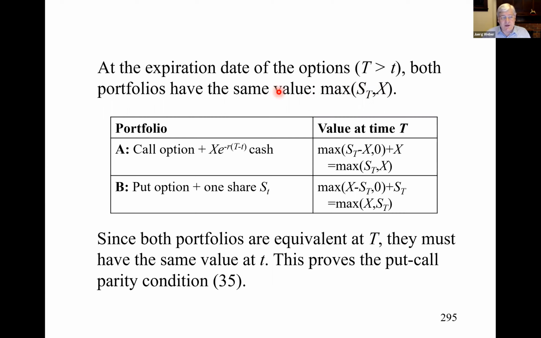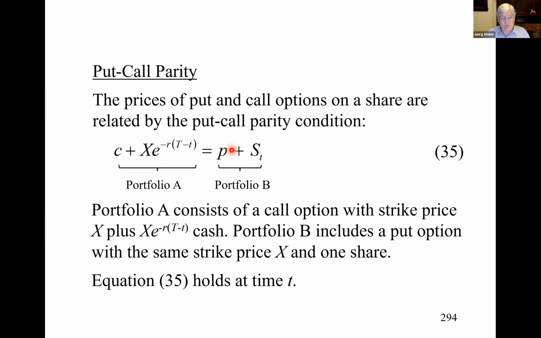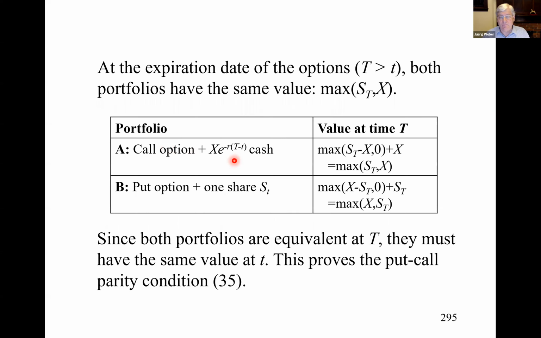This we can quite easily show here. So portfolio A is a call option plus the cash discounted. And at time big T, the call option will be this here. You see, that's again the boundary condition, the endpoint condition.